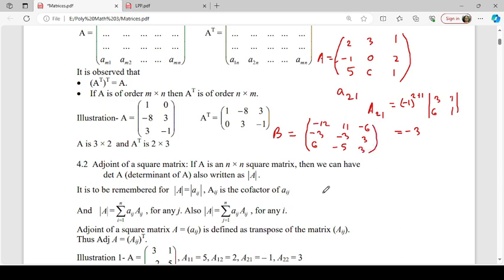And the adjoint of A is the transpose of this B dash, and B dash is minus 12, 11, minus 6, then minus 3, minus 3, 3, then 6, minus 5, 3. So this is the adjoint of A.